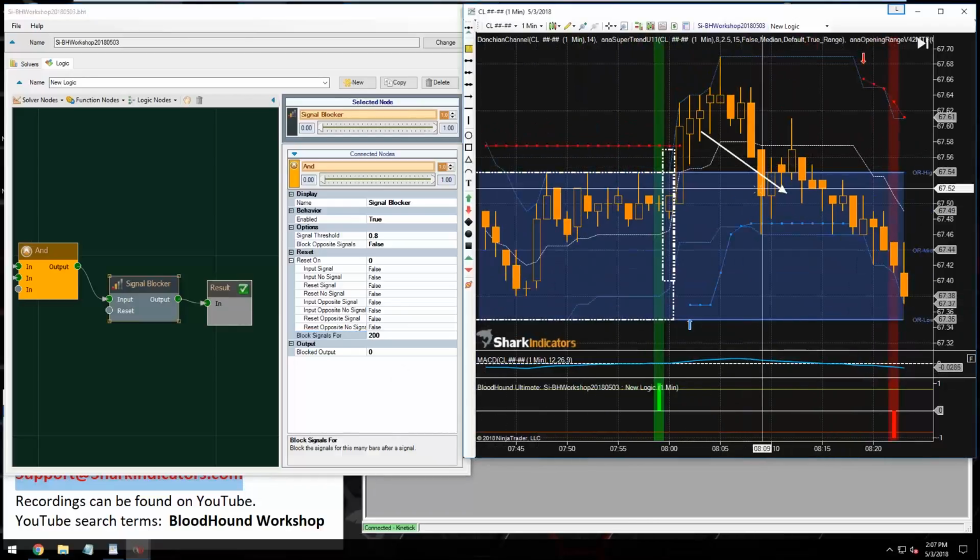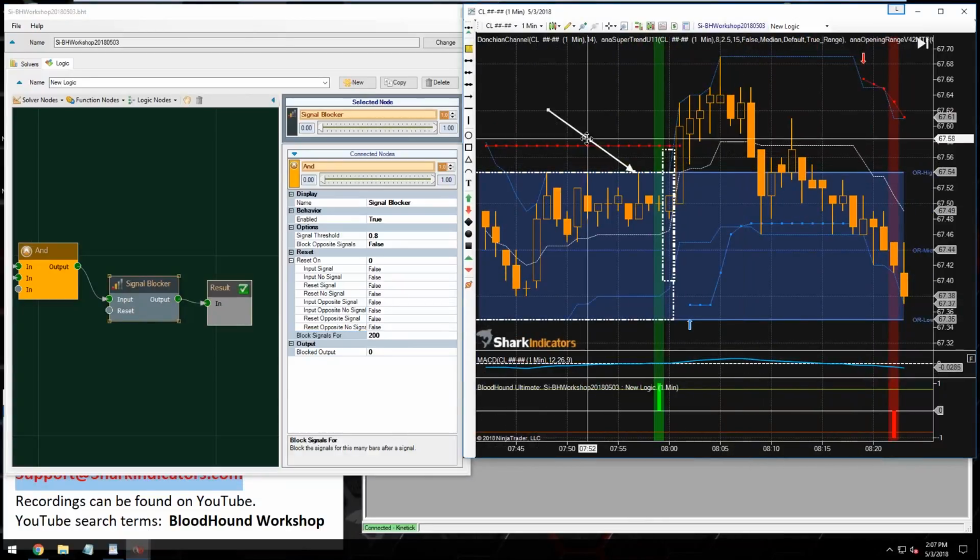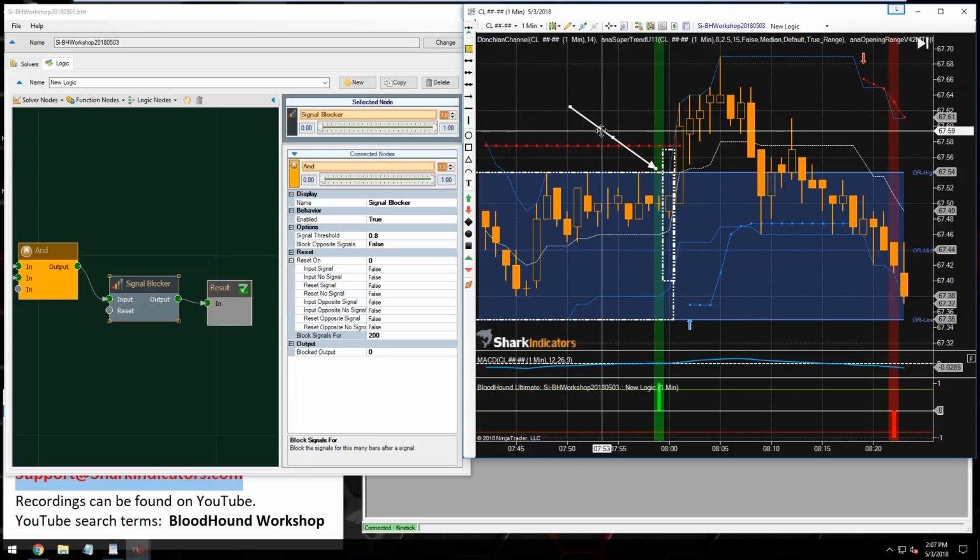So yeah, this brings up something interesting. Remember, the signal blocker is going to block everything after the first signal.